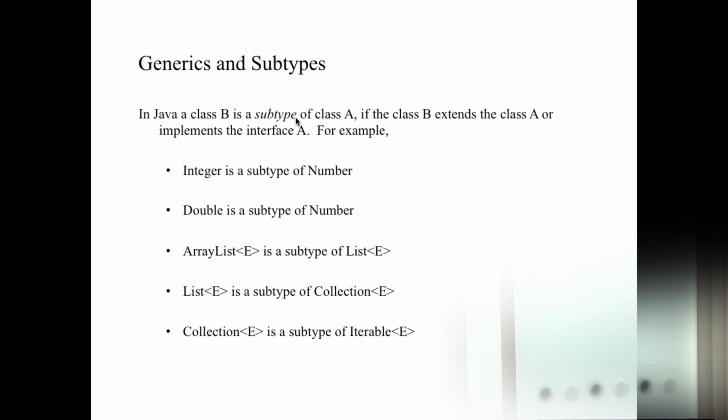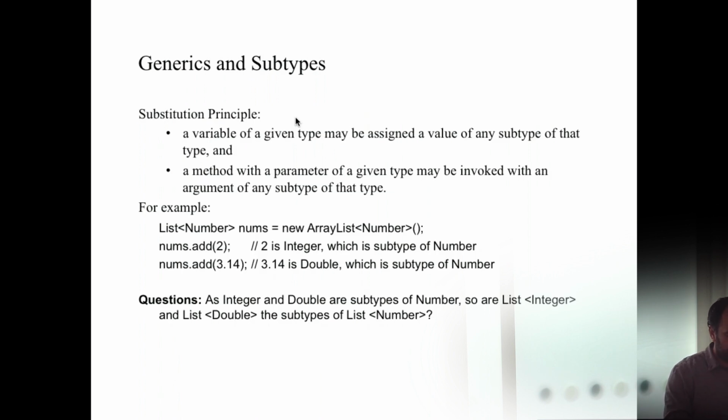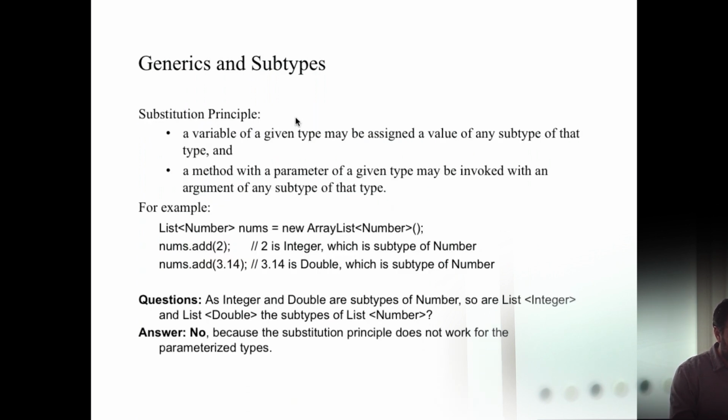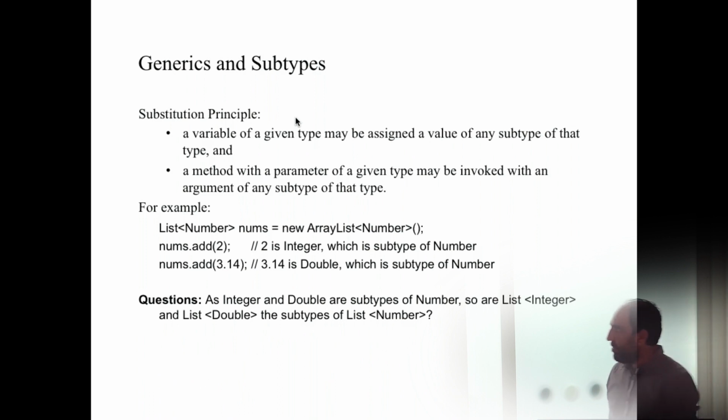For example, we know that Integer and Double are subtypes of Number. List of Integer and List of Double are two types.